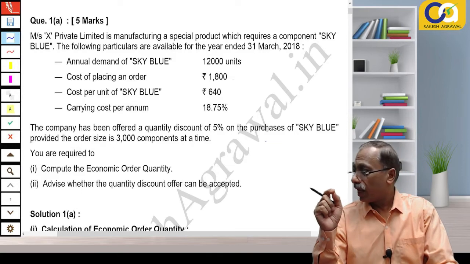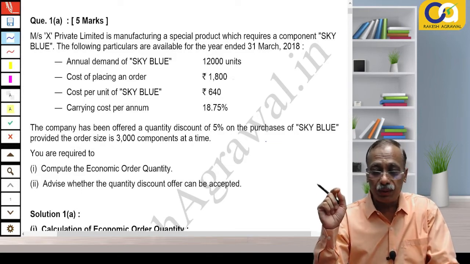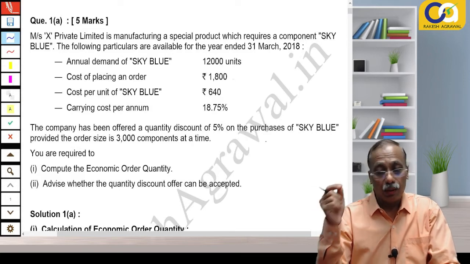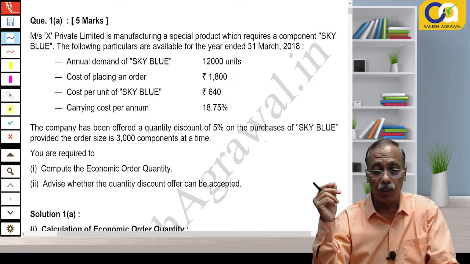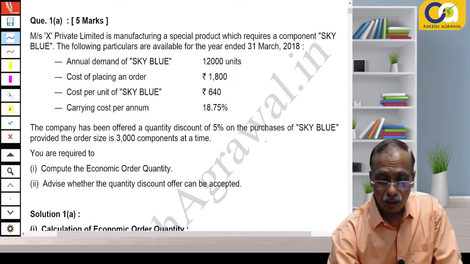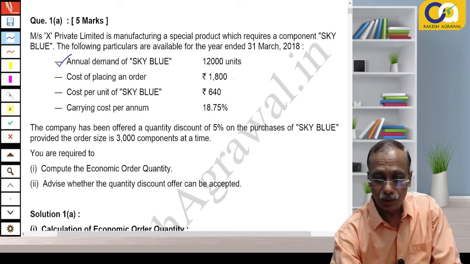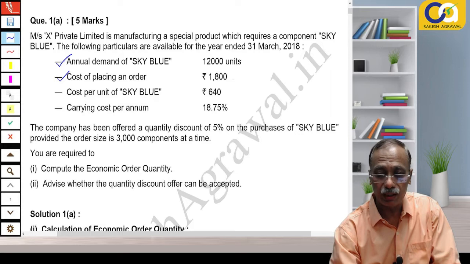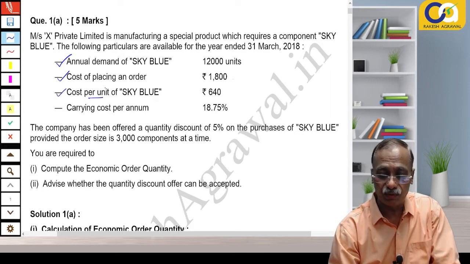Messrs X Private Limited is manufacturing a special product which requires a component sky blue. The following particulars are available for the year ended 31st March 2018. Annual demand for sky blue is 12,000 units. Cost of placing one order is 1,800. Cost per unit of sky blue is 640.